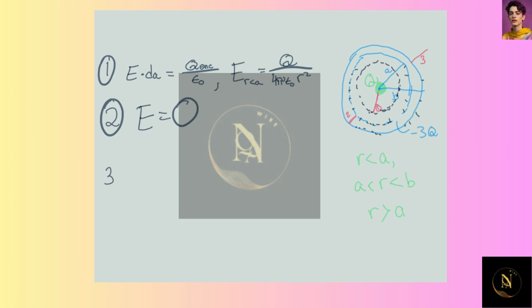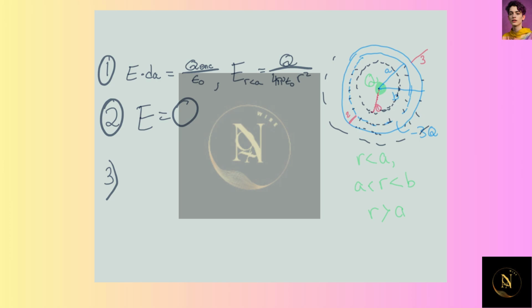Then for region 3, now we're outside of the shell. Again, we can use Gauss's law here. Now we have some enclosed charge. My enclosed charge is Q, the charge in the center, plus the charge on the shell. We said the charge on the shell is negative 3Q, so my Q enclosed is negative 2Q.